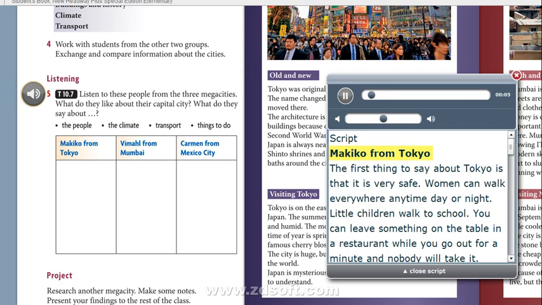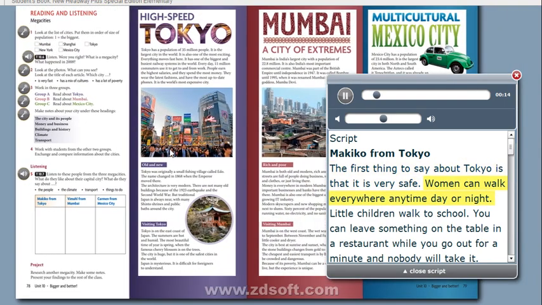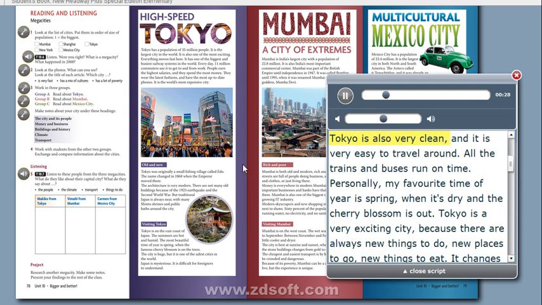Makiko from Tokyo. The first thing to say about Tokyo is that it is very safe. Women can walk everywhere, anytime, day or night. Little children walk to school. You can leave something on the table in a restaurant while you go out for a minute, and nobody will take it. Tokyo is also very clean, and it is very easy to travel around.